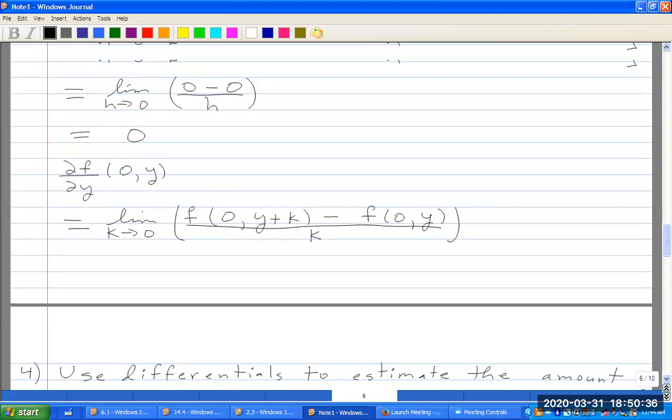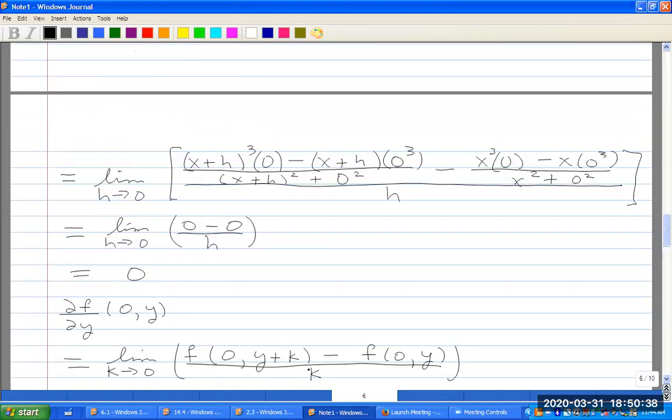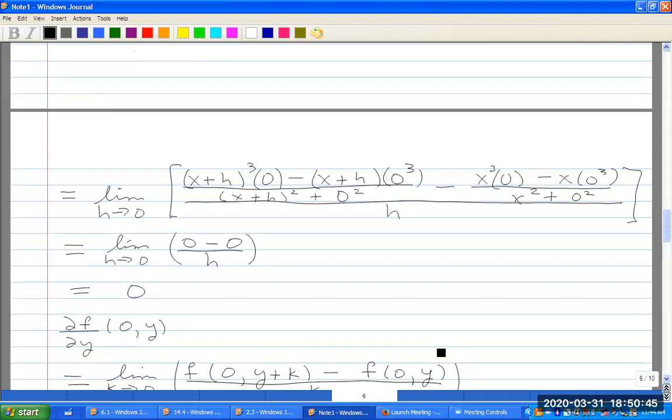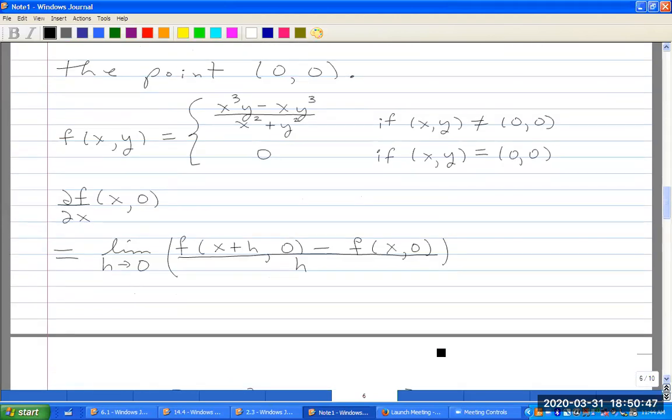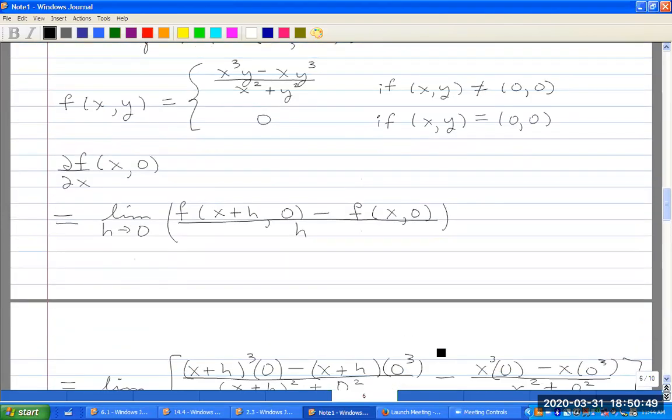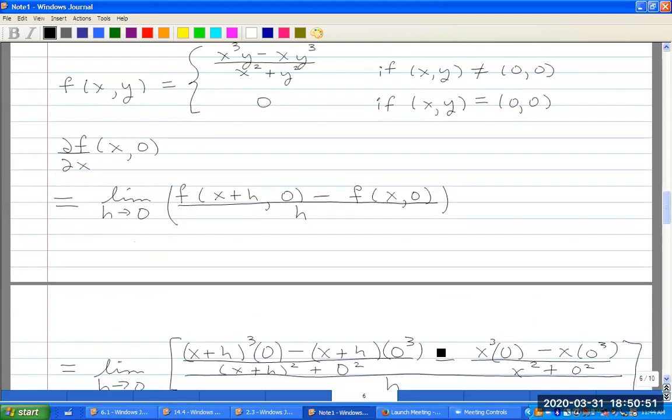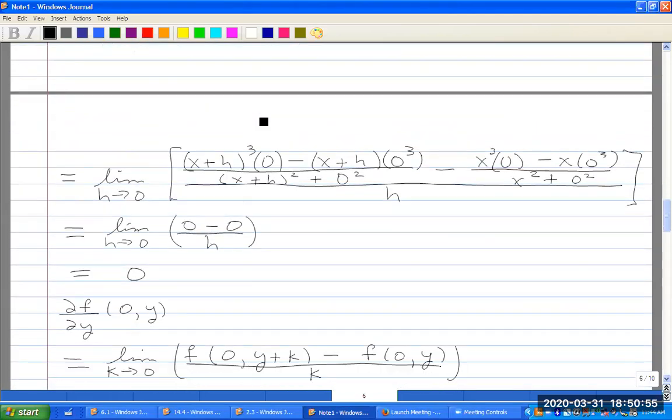And again, I can assume that k is such that, well, what if y is 0? Okay, it doesn't matter, because that gave 0 anyway. So in either case, this term will be 0.